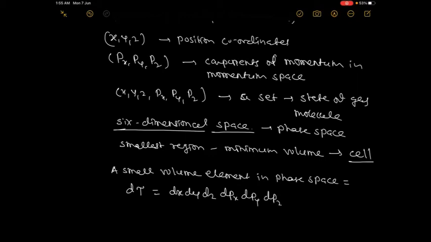That small volume element in the phase space is for a cell, and that is dΩ. It is dx, dy, dz, dpx, dpy, dpz.